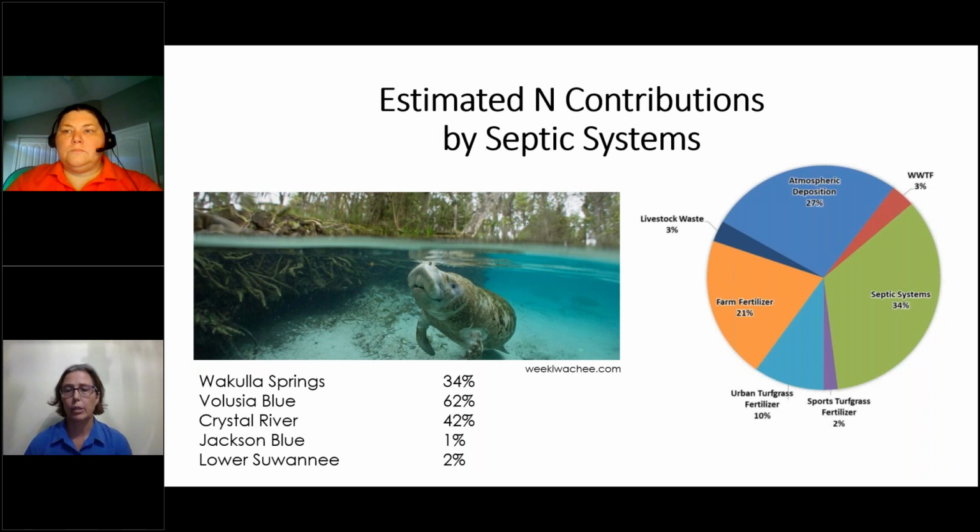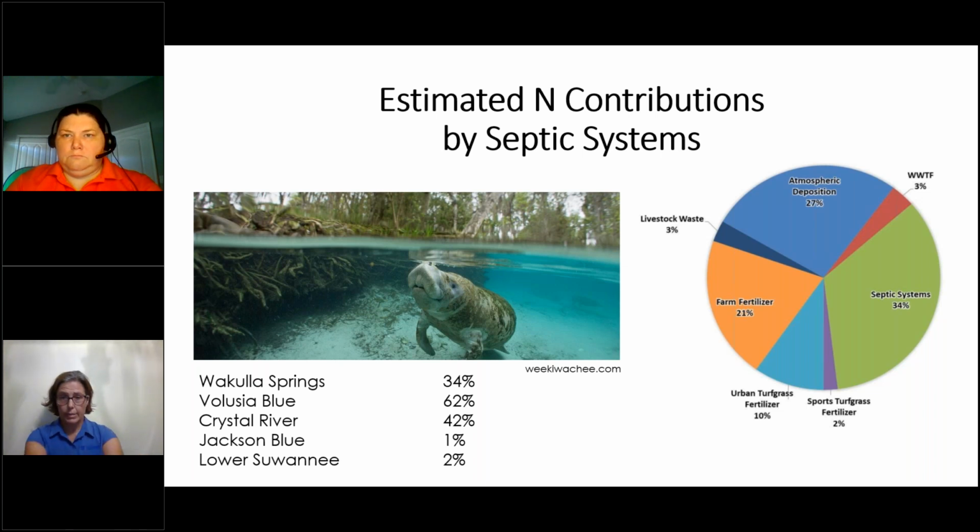I have an example here, a pie chart for Wakulla Springs here in the Tallahassee area where I live, where the state has identified that septic systems contribute 34% of the nitrogen load that comes out of the spring boil that's discharged. So if within an impaired spring system more than 20% of your load is estimated to be coming from septic systems, a septic systems remediation plan has to be put into place.